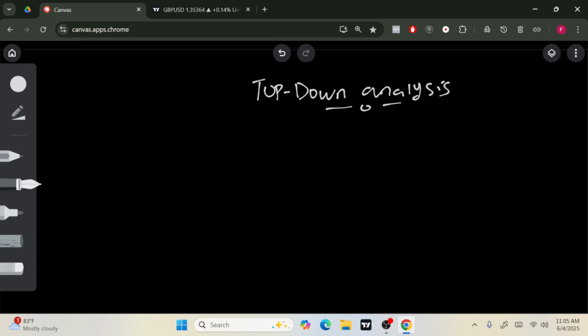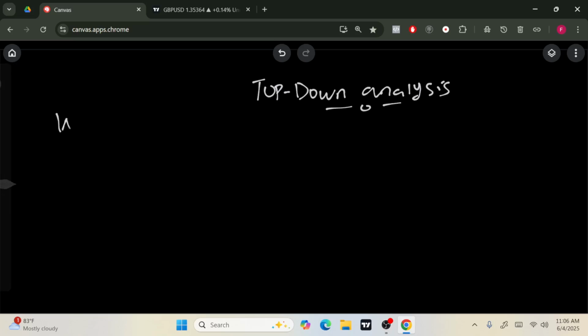Do you understand? So for you to know the direction of a particular instrument, you need to check it from a higher perspective. And how can you check from a higher perspective? You check your weekly and monthly.